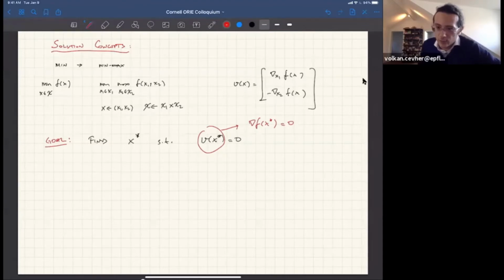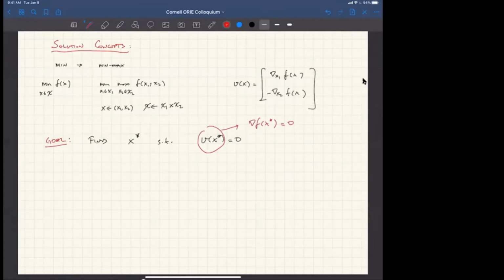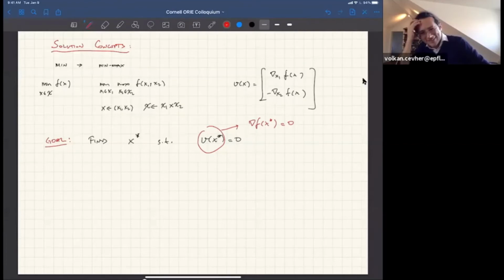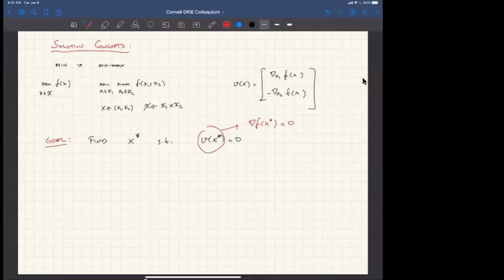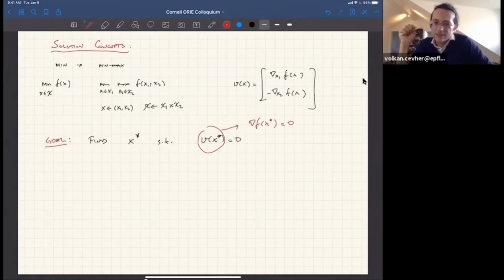Now, at this point, I would like to take a bit of a twist to these stationary points. Hi, Danik. Yes. Just a quick question about the constraints here. Oh yes. Very good. It's good that optimizers are in here. I'm just going to assume away that the problem is unconstrained, because otherwise I need to define gradient mappings and the whole description becomes very complicated. So you caught me.